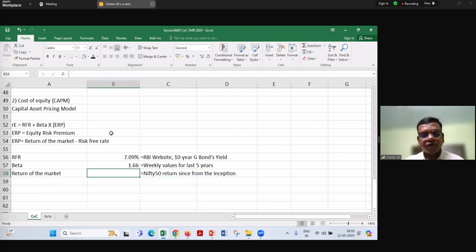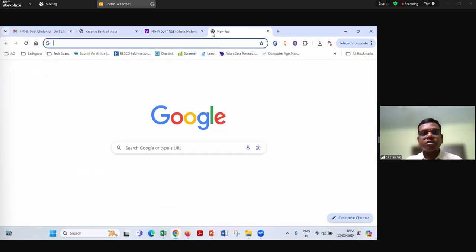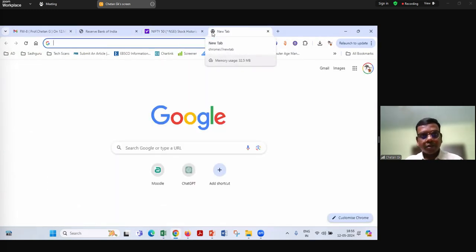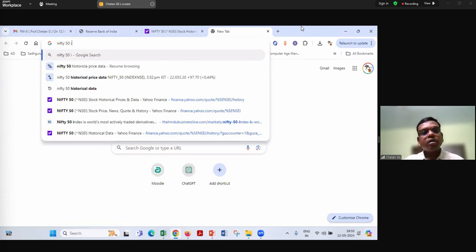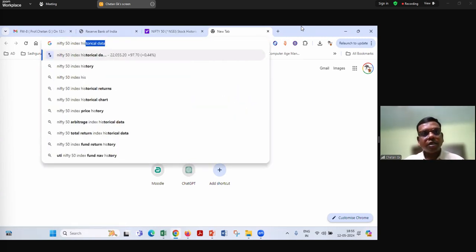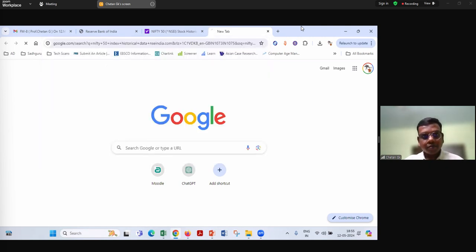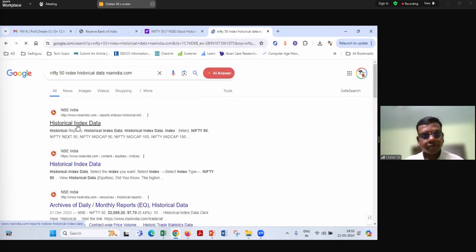So when Nifty 50 is formulated, I'll go to the National Stock Exchange because it is easily available there. So Nifty 50 index historical data, nseindia.com. So I click on NSE India's website link here.